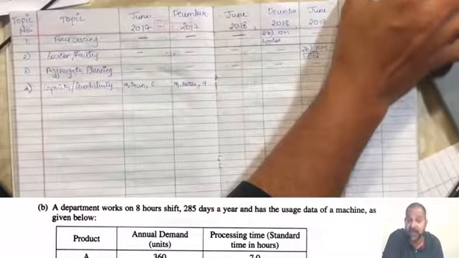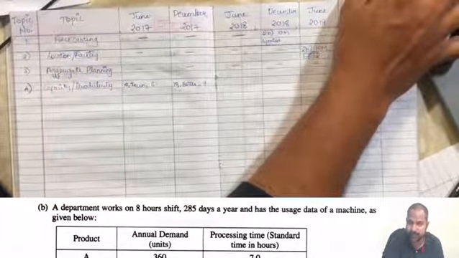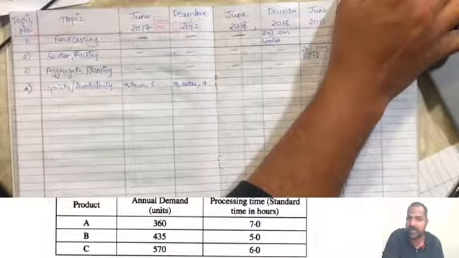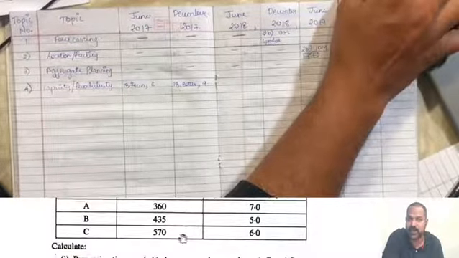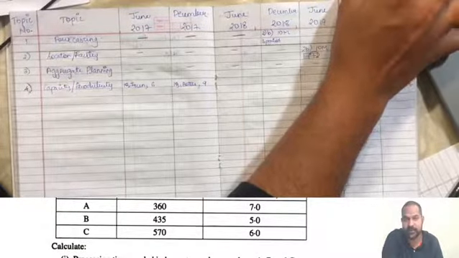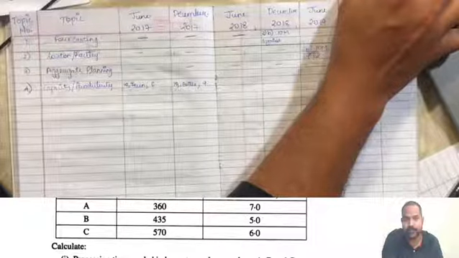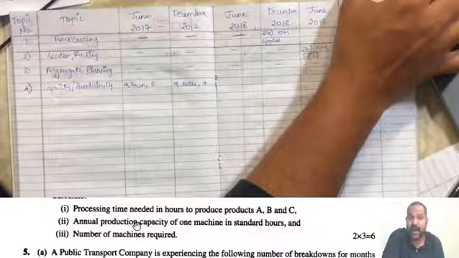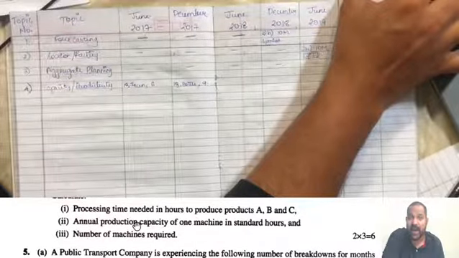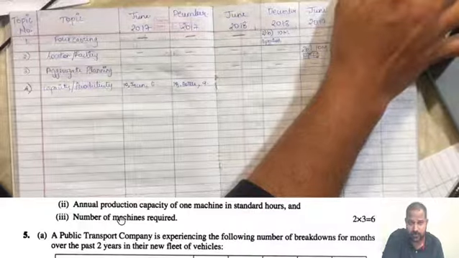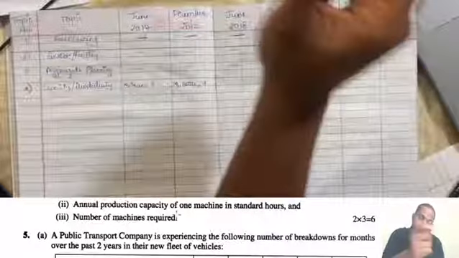They have changed 8 hours and 285 days. But then ABC 3 machines, their annual demands are given and per unit time is given. Processing time for ABC is asked. After that, annual production capacity of one machine is asked, which is going to be 8 into 285, and number of machines, which is what you want against what you have.